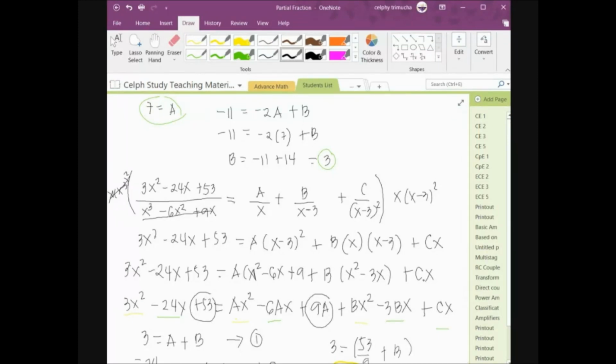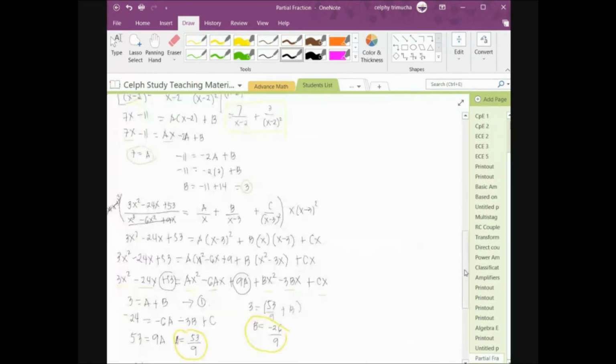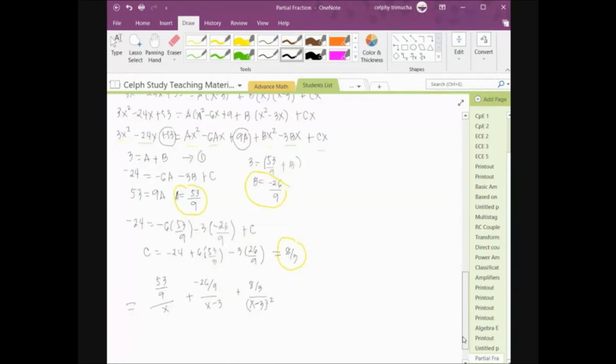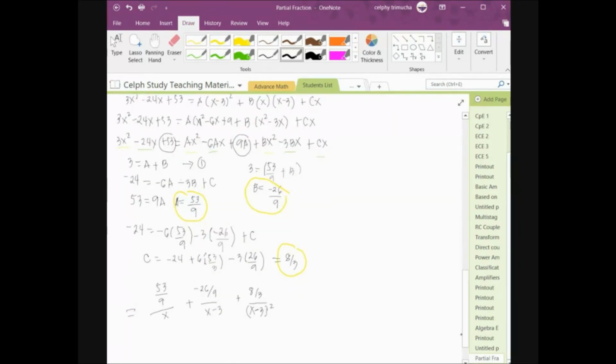Any questions so far? The concern in the last problem is not the partial fractions but the algebra of 3 equations, 3 unknowns. So always be careful with the algebra.